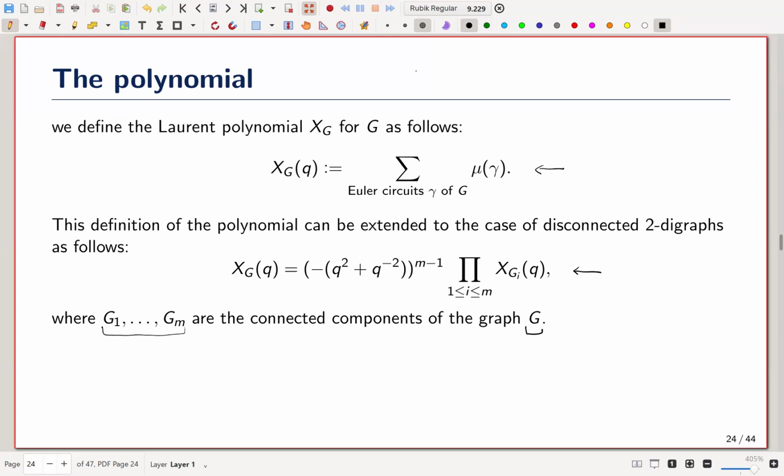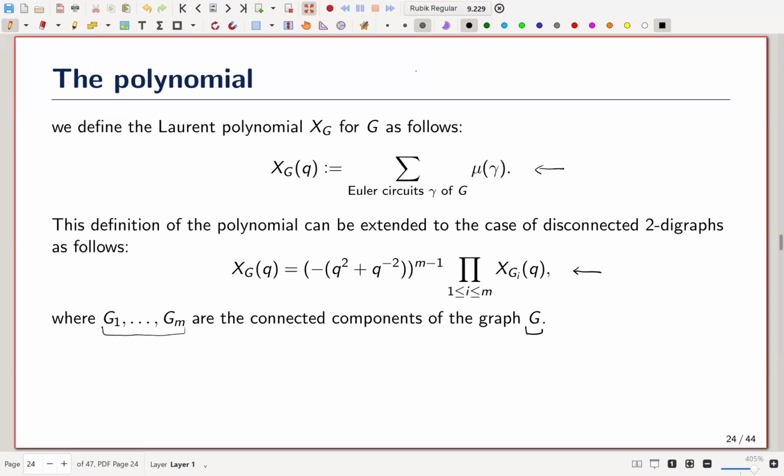Excuse me, where does the minus q squared minus q to the minus 2 come from? You define it according to the first formula, and where does the second formula come from? Yes, it is inspired by the definition of the Jones-Kauffman polynomial, because at the end, our main objective is to recover the Jones-Kauffman polynomial. Right, but you gave the first definition.